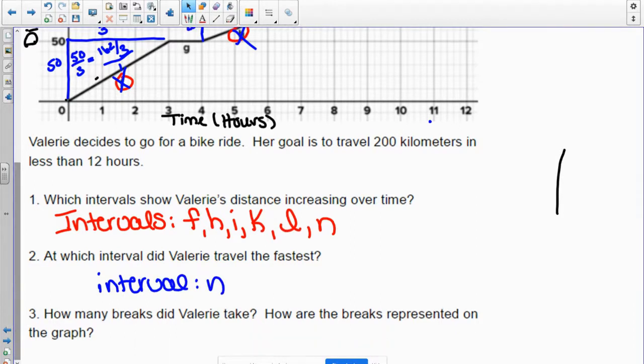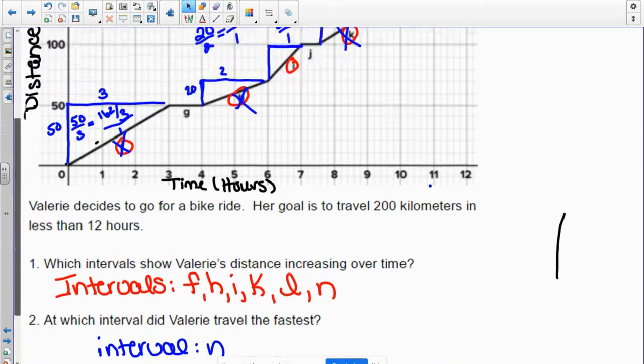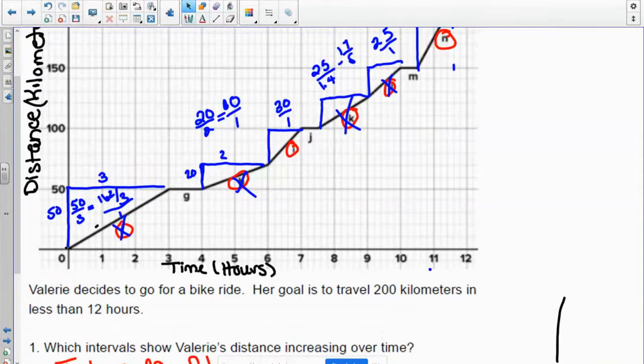How many breaks did Valerie take? And how are the breaks represented on the graph? So the breaks, let's put them in purple here. So anytime it's a horizontal line, that means the time's going on, but the distance hasn't changed. So she sits for an hour and rests here at 50 kilometers.